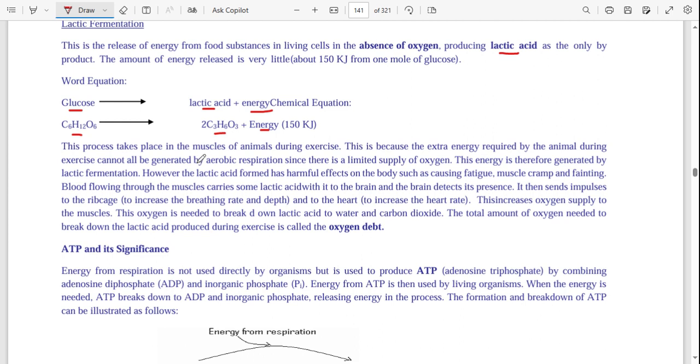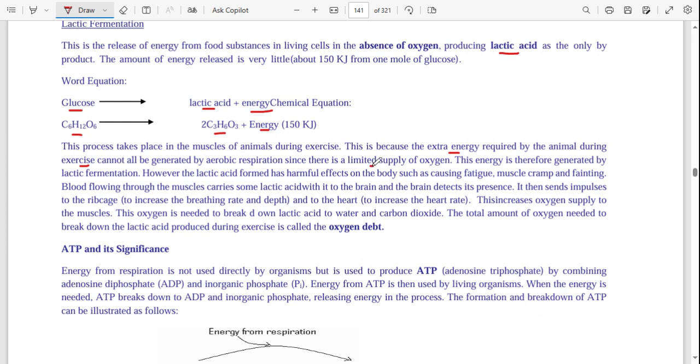So when you're exercising, you need extra energy for you to be able to carry out your exercise. Okay. But then as you exercise, you'll not be able to take in enough oxygen because you are breathing very fast. And so you are not going to have enough oxygen in the body.